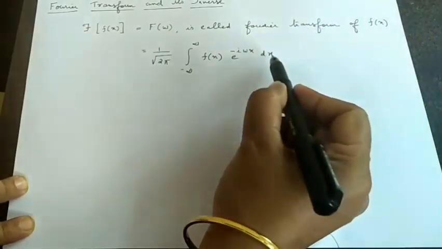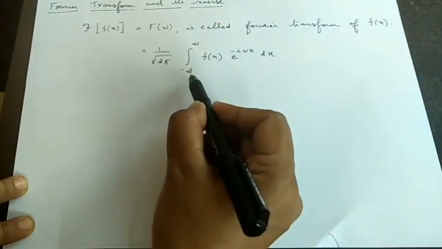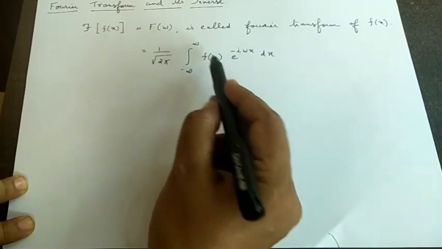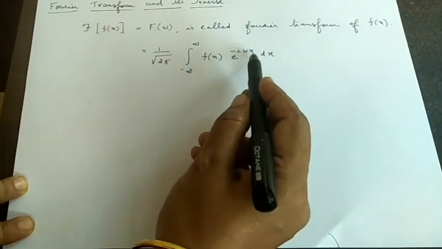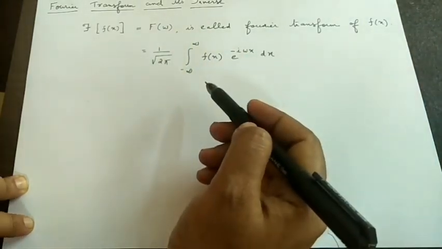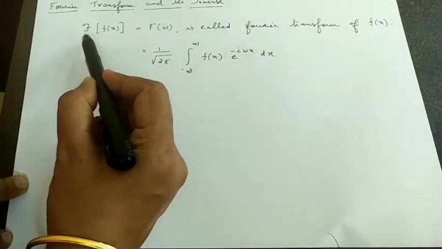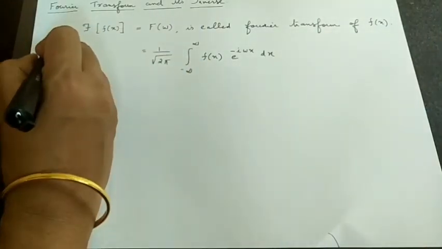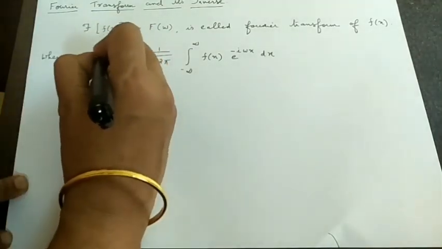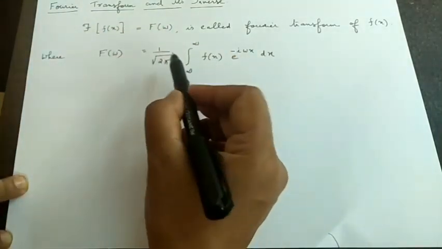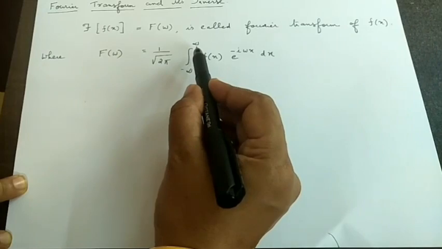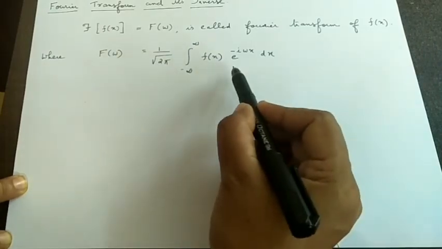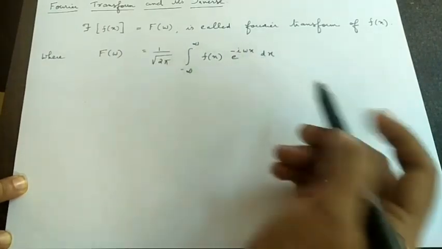Here we have to integrate with respect to x between the limits minus infinity and infinity, the function of x and e raised to minus i omega x. Okay. The Fourier transform of the function of x, F omega, you can write like this also, where F omega is equal to 1 by root 2 pi integral from minus infinity to infinity f of x e raised to minus i omega x dx.